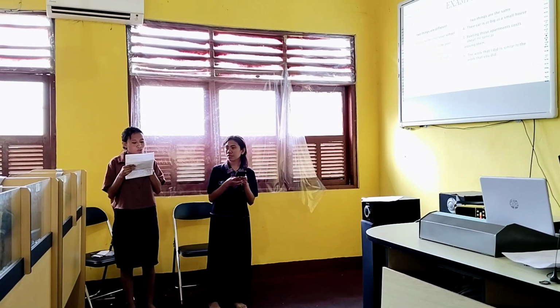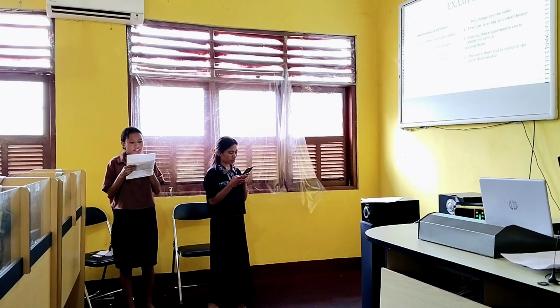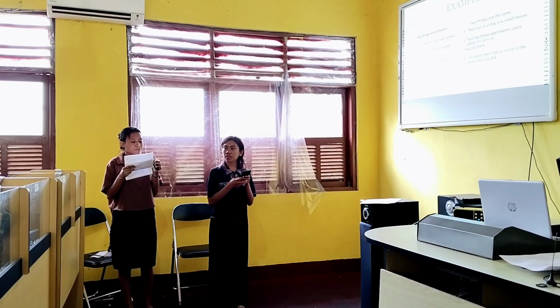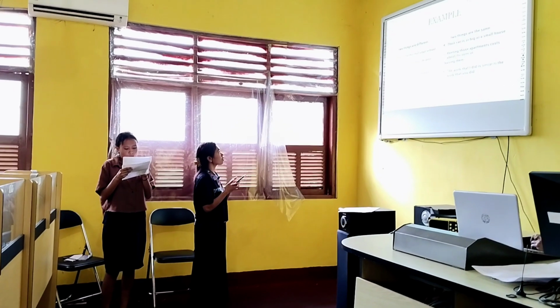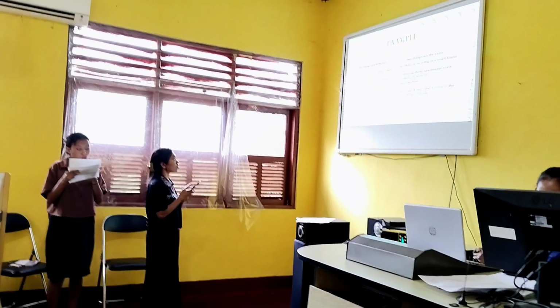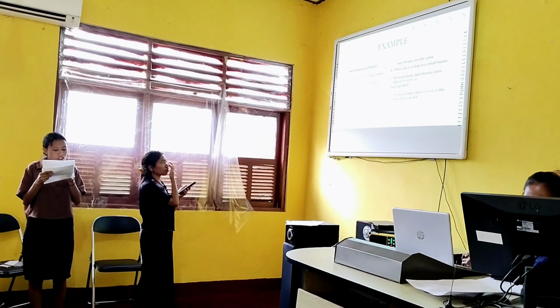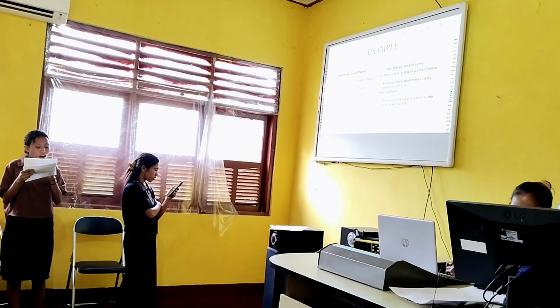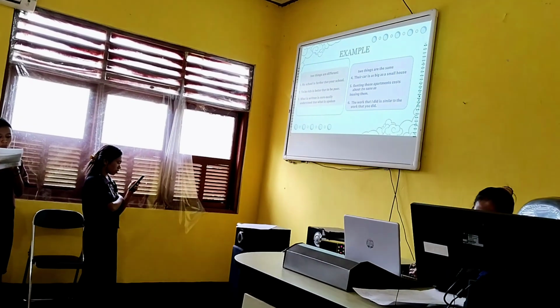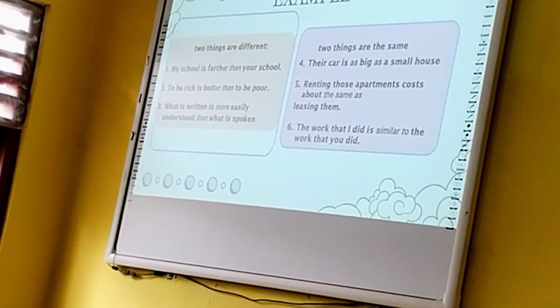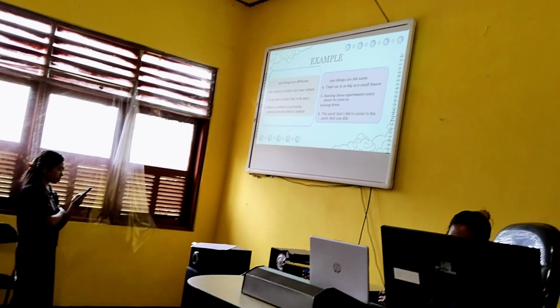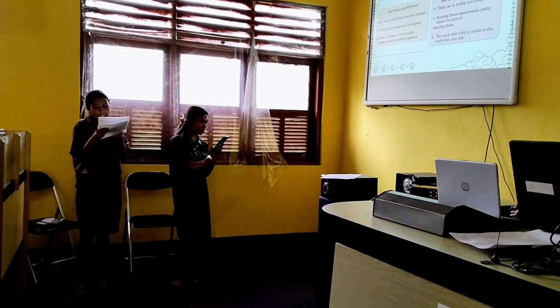Number three, what is written is more easily understood than what is spoken. What is written and what is spoken are noun clauses. Both consist of subject what, verb, written or spoken, the same form, or parallel. Structure: noun clause is easier to understand than noun clause.